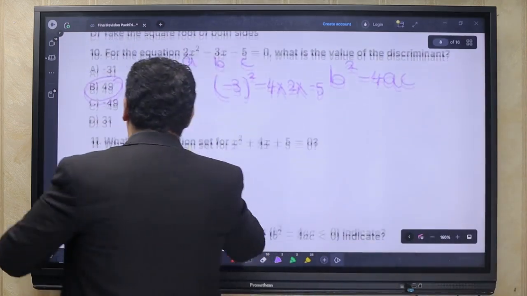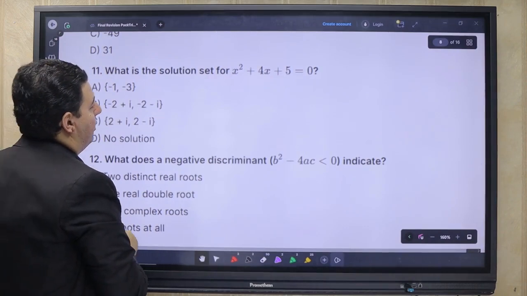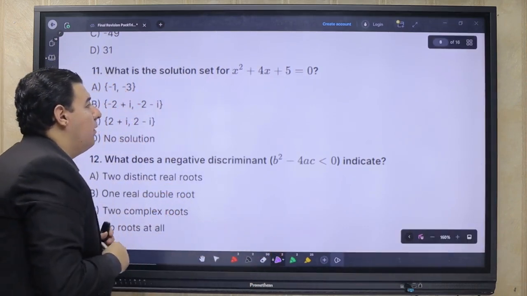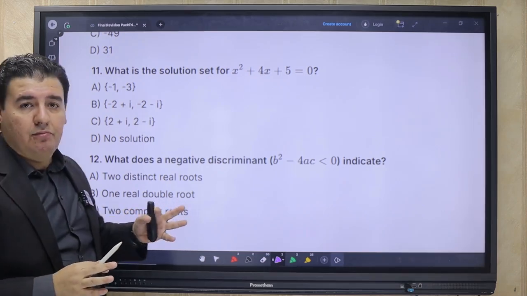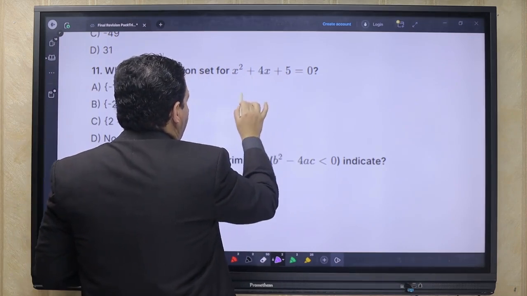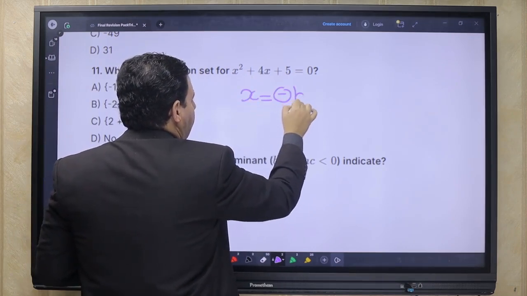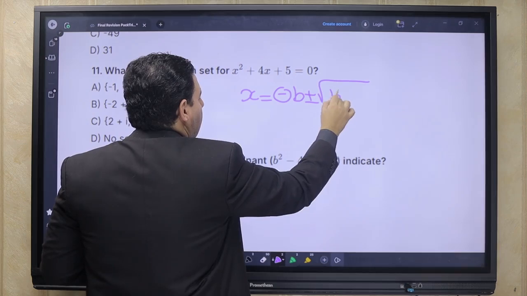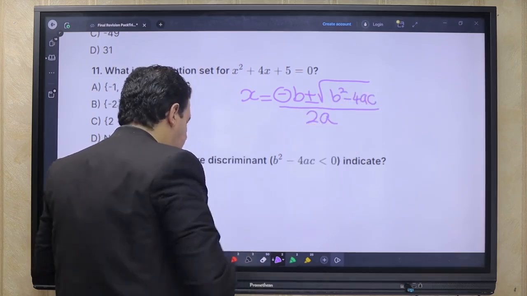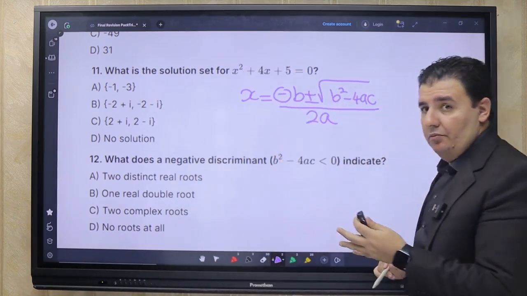11. What is the solution set for x squared plus 4x plus 5? You have two ways to solve this equation. Either use the quadratic formula: negative b plus or minus the square root of b squared minus 4ac, over 2a. That's one solution.